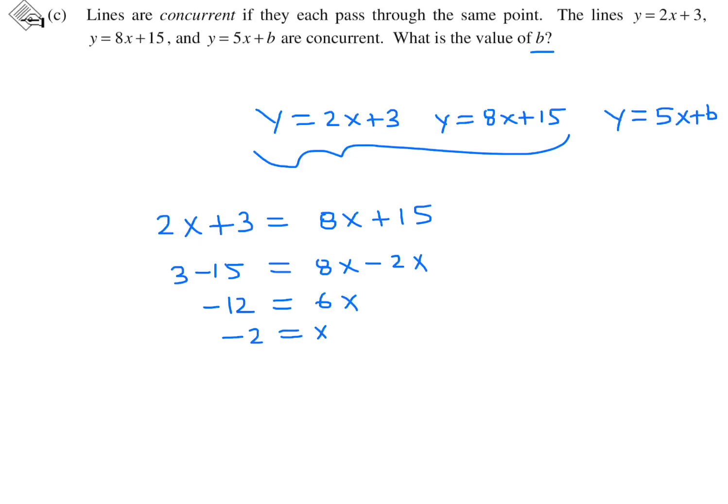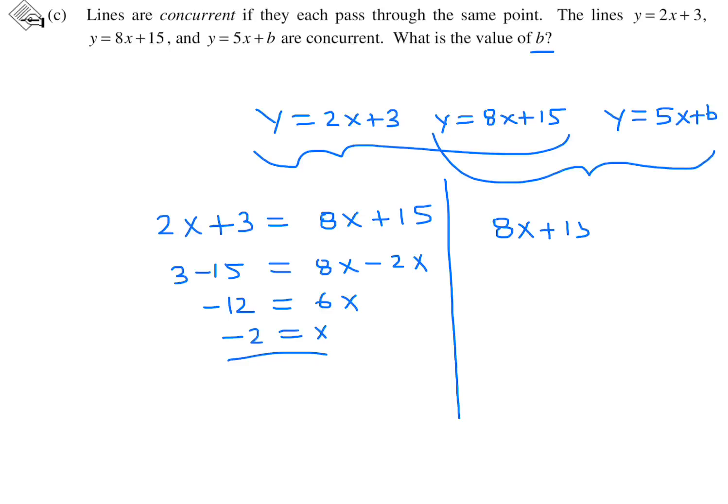And then now I can concentrate on these two and use x equals minus 2. So first set them equal to each other. And then I can plug in x equals minus 2 as my common x coordinate. So I've got 8 times minus 2 plus 15 is equal to 5 times minus 2 plus b, like that.